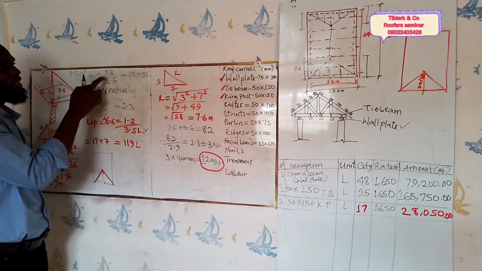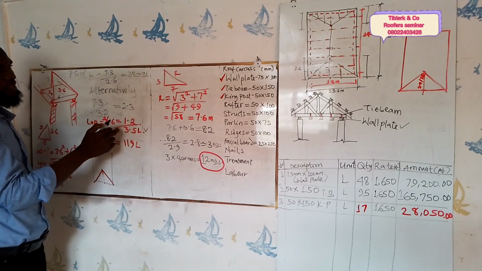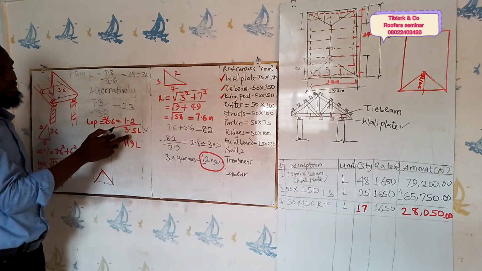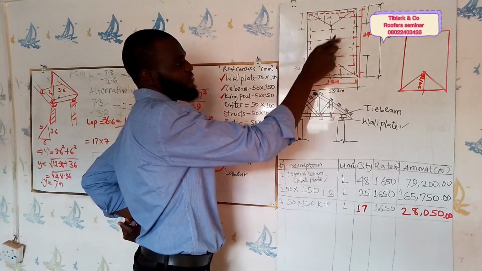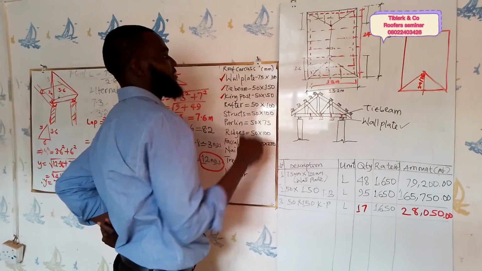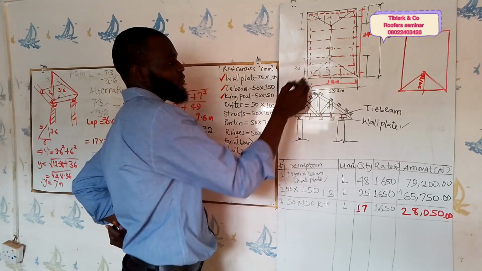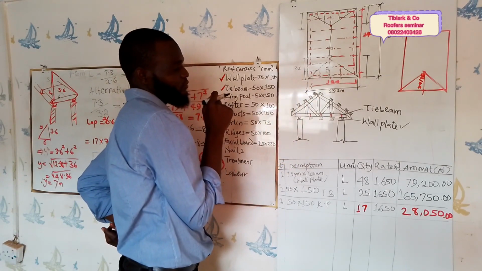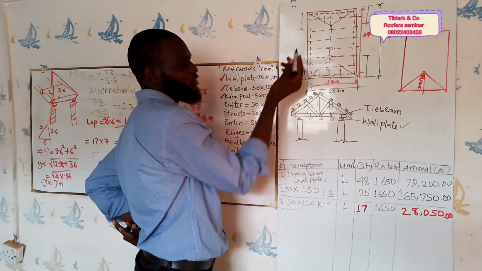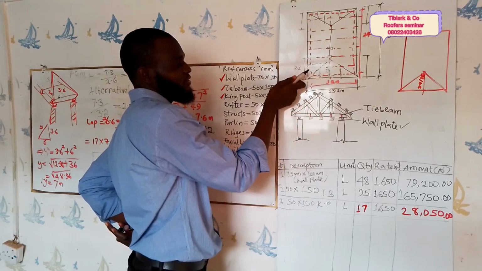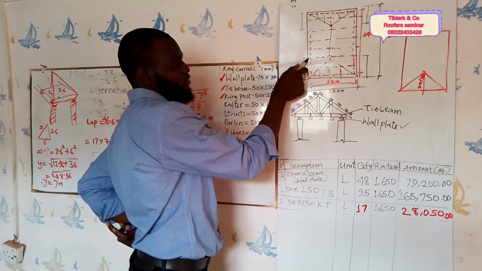So we now have to use 3.5 lengths of wood. From here now, I'm going to use 3.5 lengths of wood. Here, I don't want us to waste our time, so we can just proportion it. So this is 3.5.